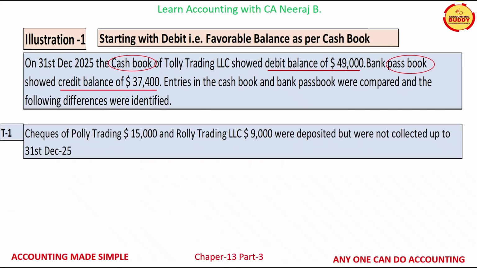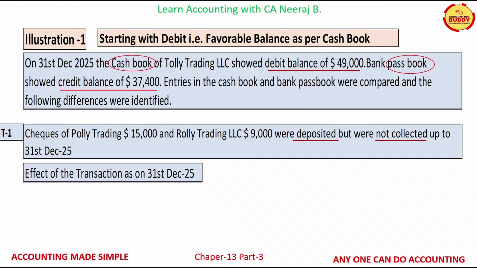T1 difference is checks of Poly Trading for $15,000 and Raleigh Trading for $9,000 were deposited in the bank but were not collected up to 31st December 25. Now let us understand the effect of this transaction as on 31st December 25.